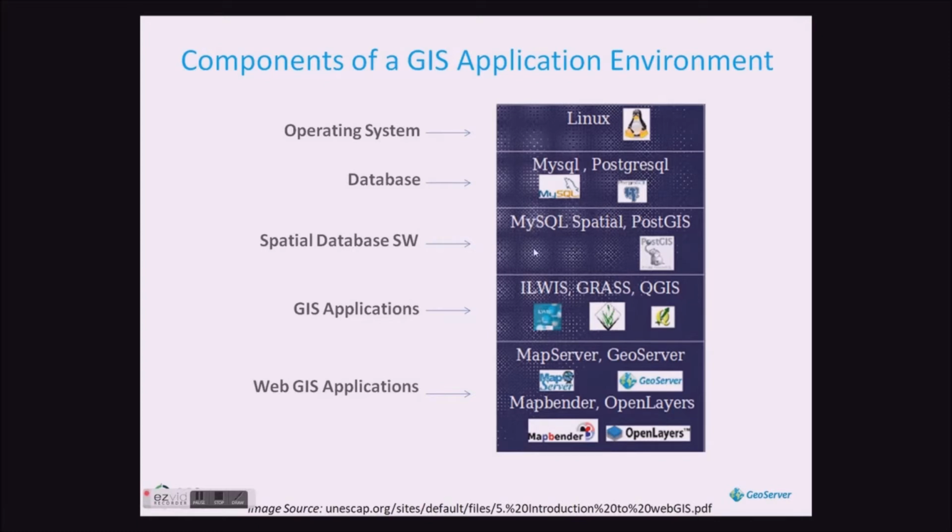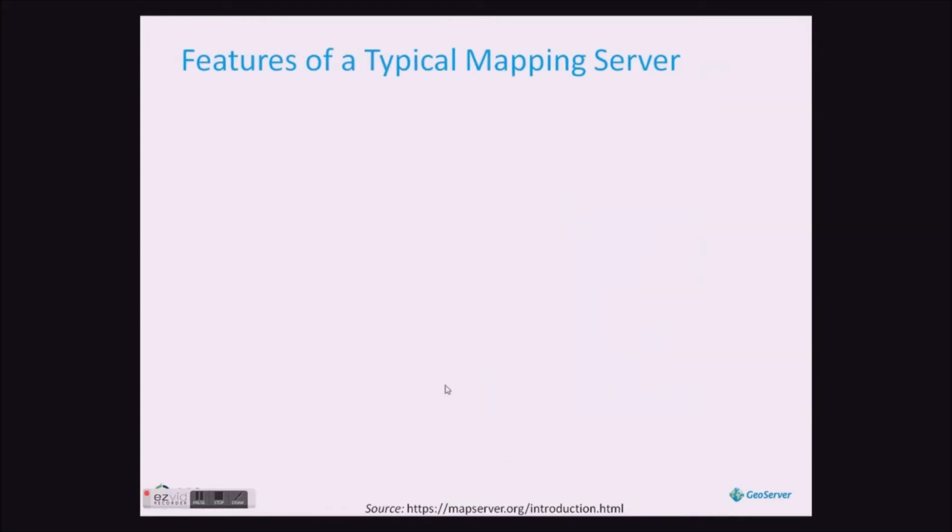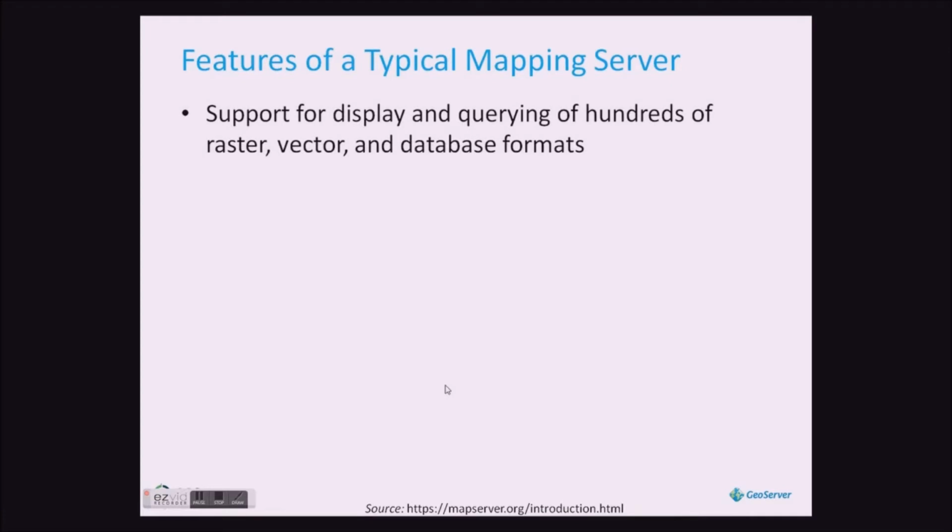On top of it lie the desktop applications like GRASS, QGIS, etc. And at the same time, there are applications like Map Server, GeoServer, MapBlender, OpenLayers, etc., which extend the mapping capabilities over the web.